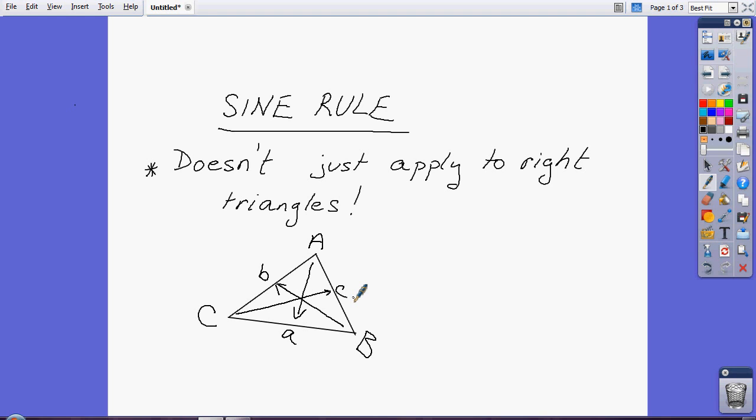Now what the sine rule tells us is that the length of side a divided by the sine of angle A is equal to the length of side b over the sine of angle B, and that is in turn equal to the length of side c over sine of angle C.